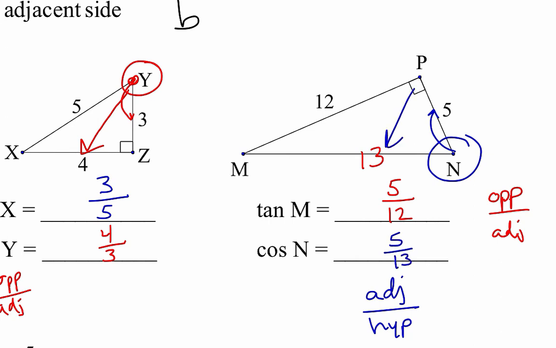So the cosine of n in this diagram would be 5 over 13. So notice in the cosine of n, 5 was the adjacent side, but when we were looking at angle m, the adjacent side was 12. So these are not specific sides all the time. The numbers can change depending on which angle you're looking at, and that's important to keep in mind.